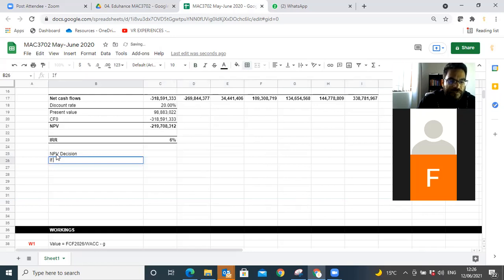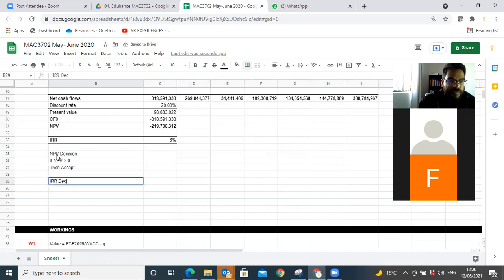If NPV is greater than 0, meaning if NPV is positive, then accept. The other way around, if NPV is less than 0, if NPV is negative, then reject.